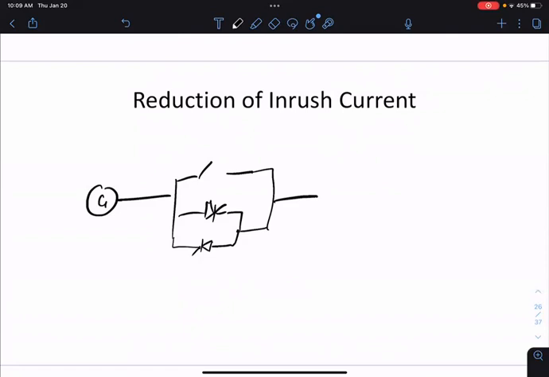So the grid voltage, this VA1, looks something like this. Just to remind you, we'll look at a lot more of this kind of equations later.